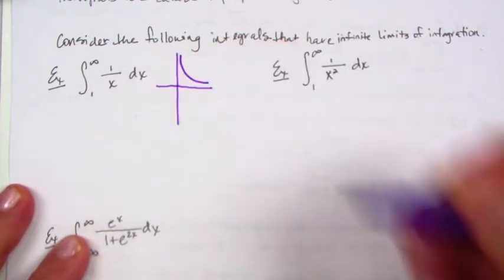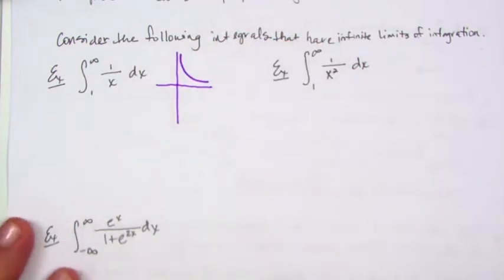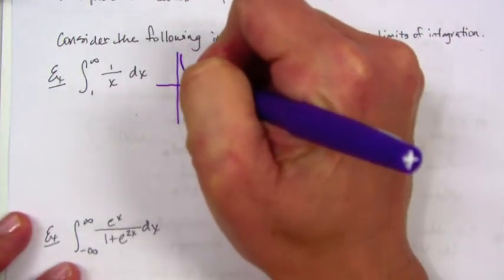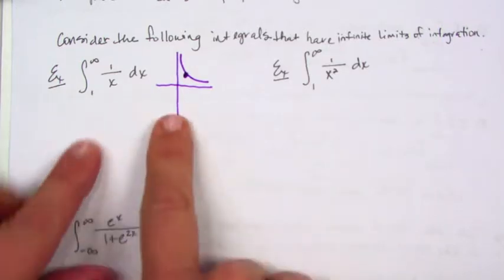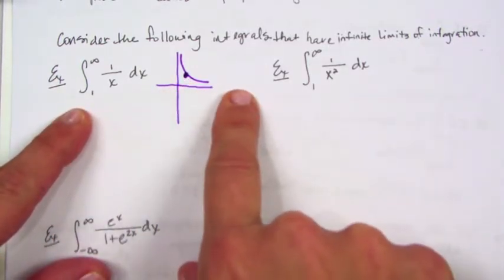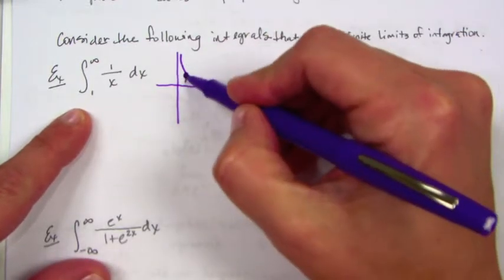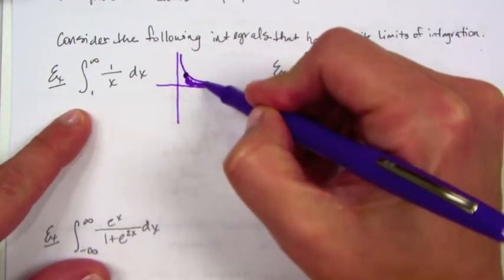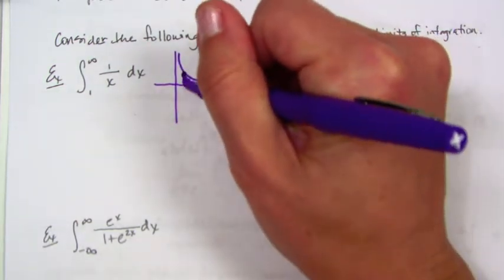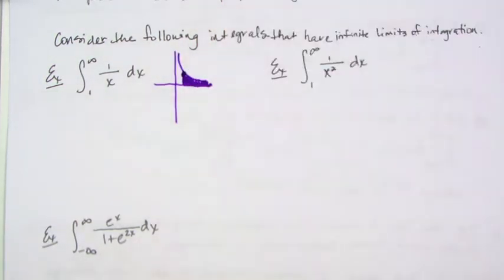At 1, 1, I would be somewhere in here, and as x is getting bigger, the y value of the curve is getting smaller. So this is what I'm looking for: the area between the curve and the x-axis.